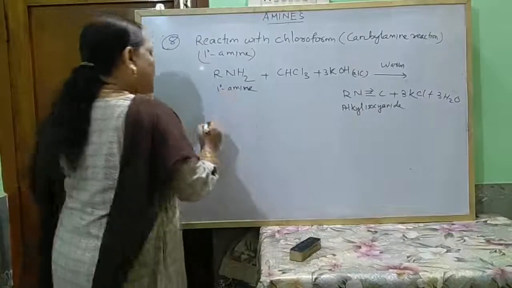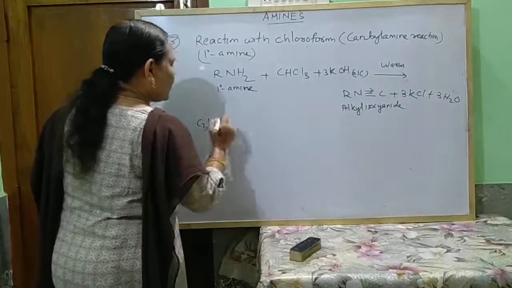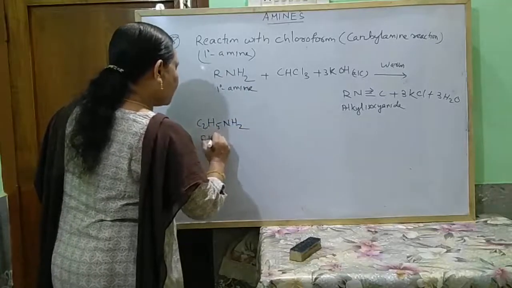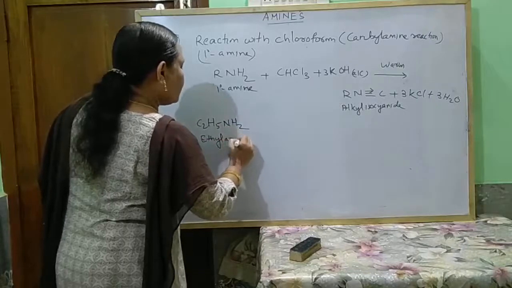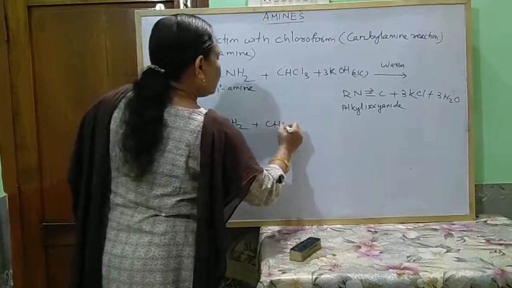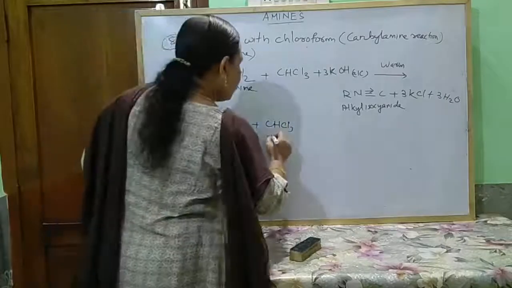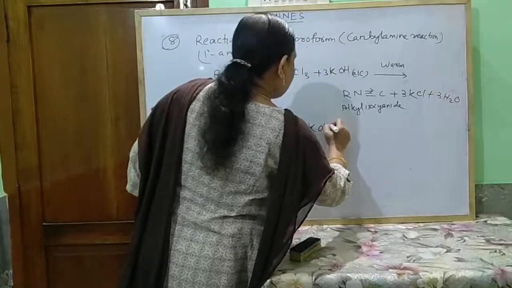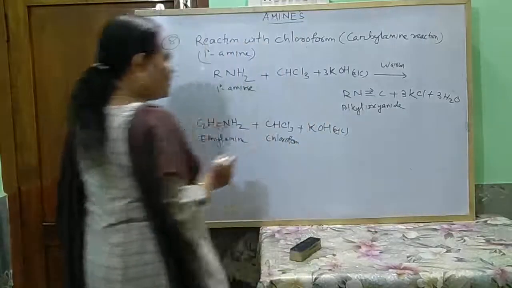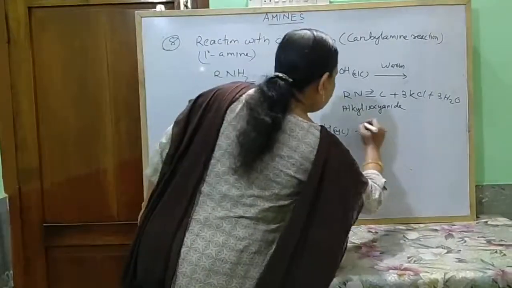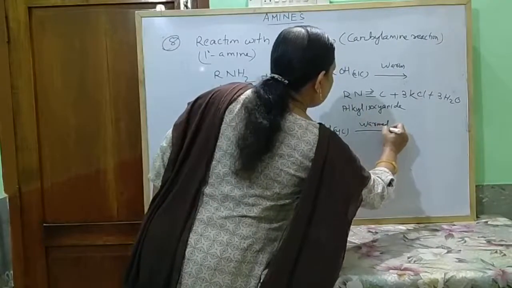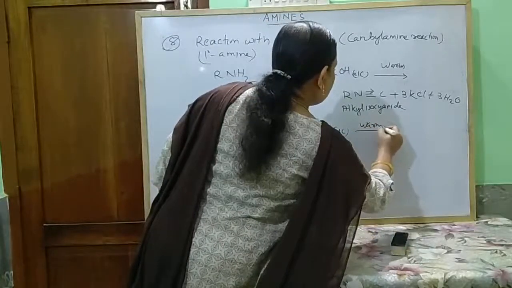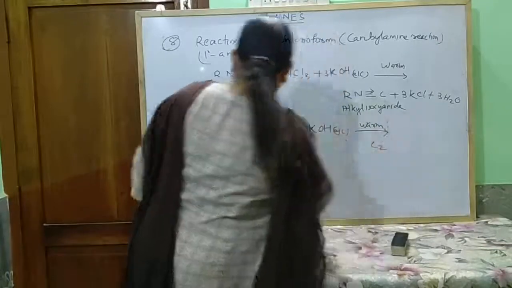Example, methylamine, ethylamine, all primary amine. C2H5NH2, ethylamine, reacts with chloroform in presence of alcoholic potassium hydroxide. When this is warmed, it gives, what is the alkyl here?